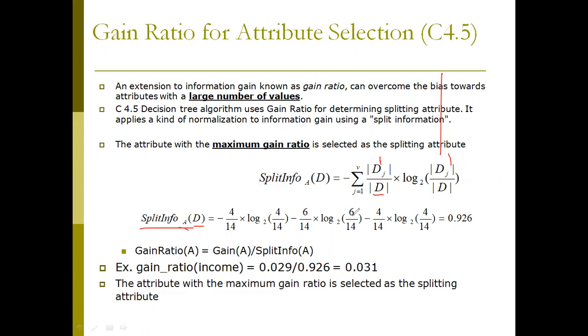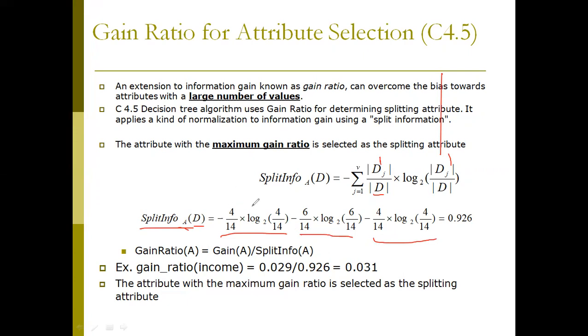The same formula I have applied on the income attribute. So what is the first one? First one is high, second one is medium, third one is low. High, medium, low. Why?